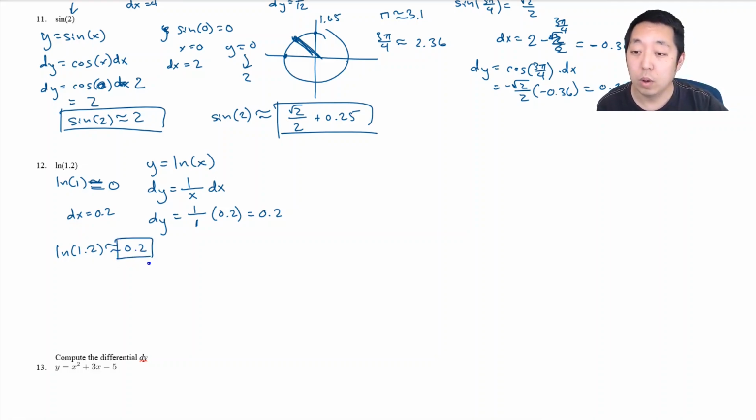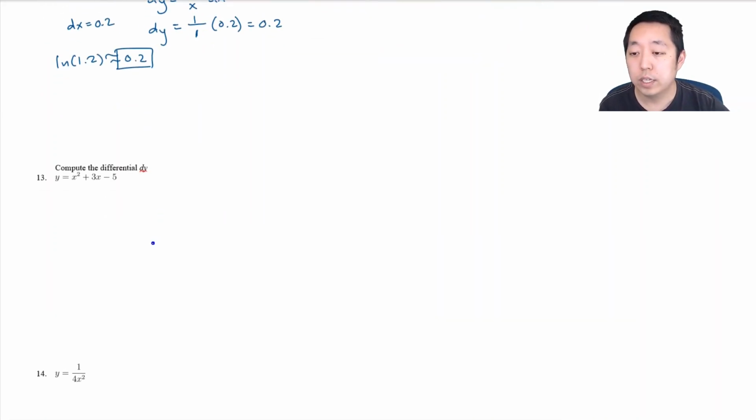Okay, no, I did that right. Here we're just simply computing the differential. So dy is going to be 2x dx plus 3 dx. What you have to think about is that every time I take the derivative, I still have to put a dx. So it's going to be 2x plus 3 dx.